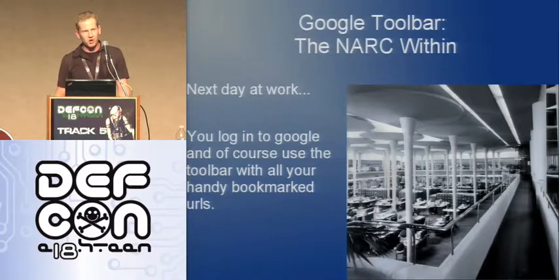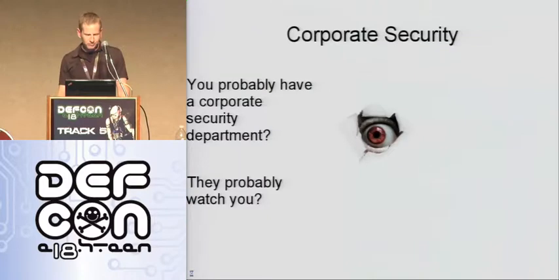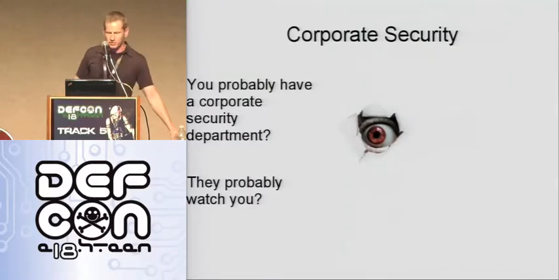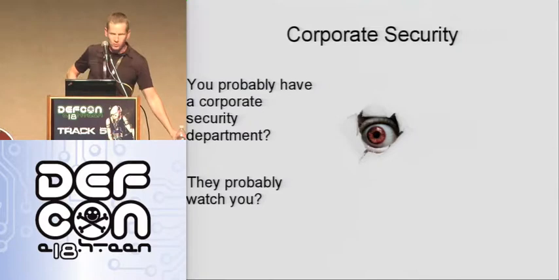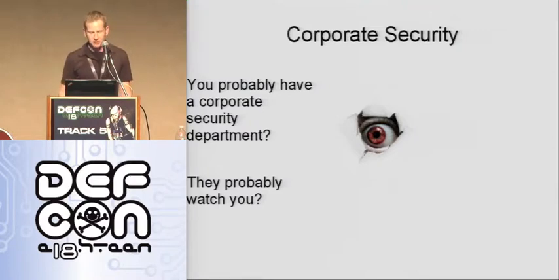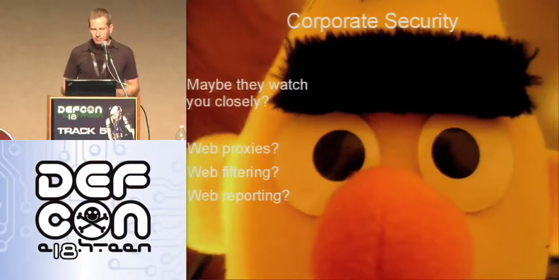So next day at work after your special night, you get in and you log into Google, of course, and use your toolbar with all your handy bookmark links. Now, if you're like most organizations, you probably have a computer security department. And that department probably watches what you do, or at least what they think you're doing, or your computer's doing, and they associate that with you. They may watch you very closely.